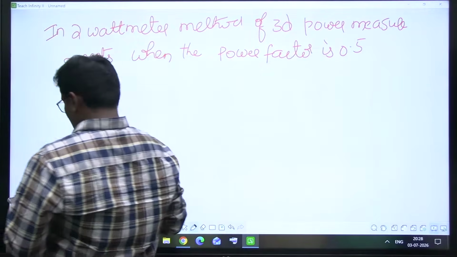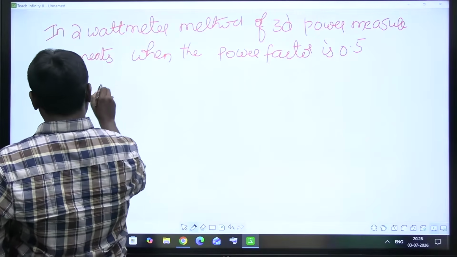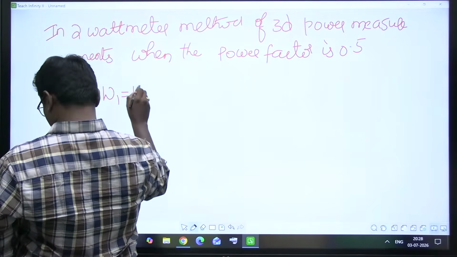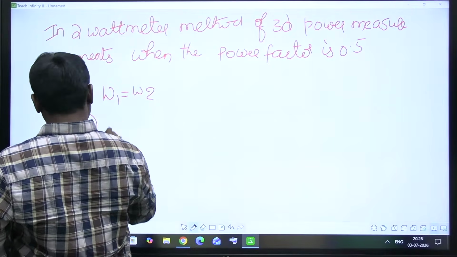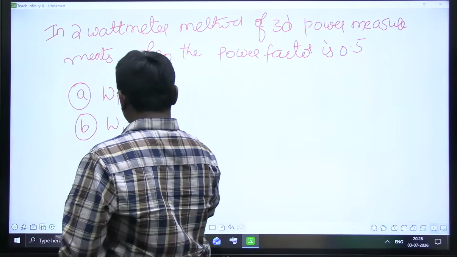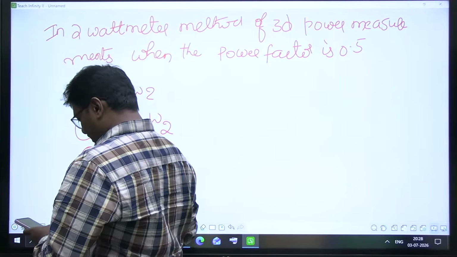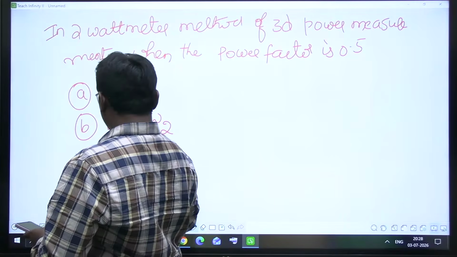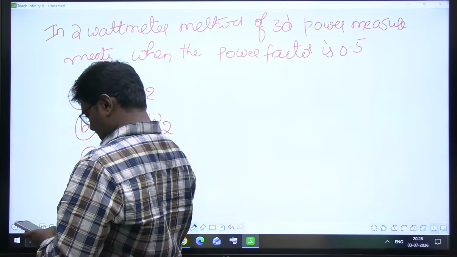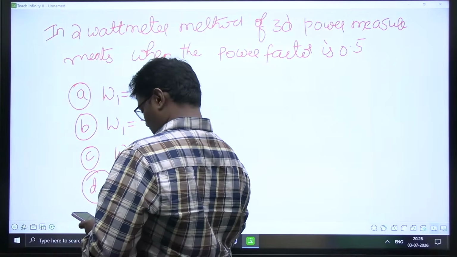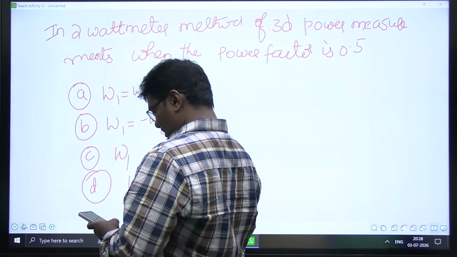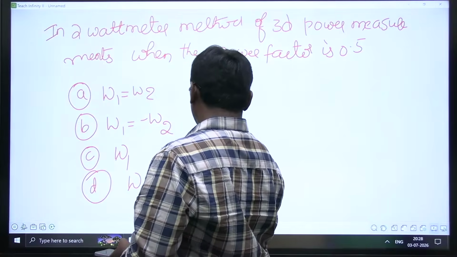Okay, so first of all, option A is W1 equal to W2, the B option is W1 equal to minus W2, and the C option is only one wattmeter reads, and D is which is not equal and not positive.